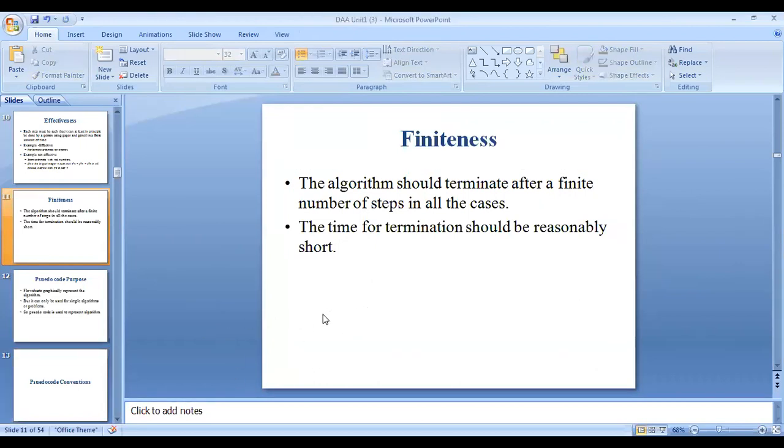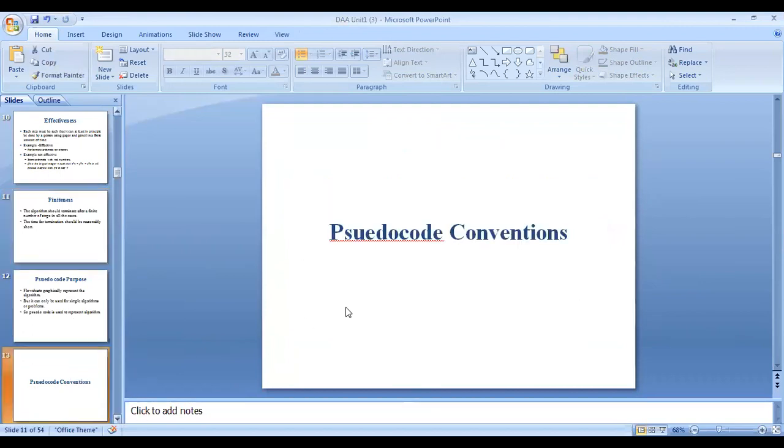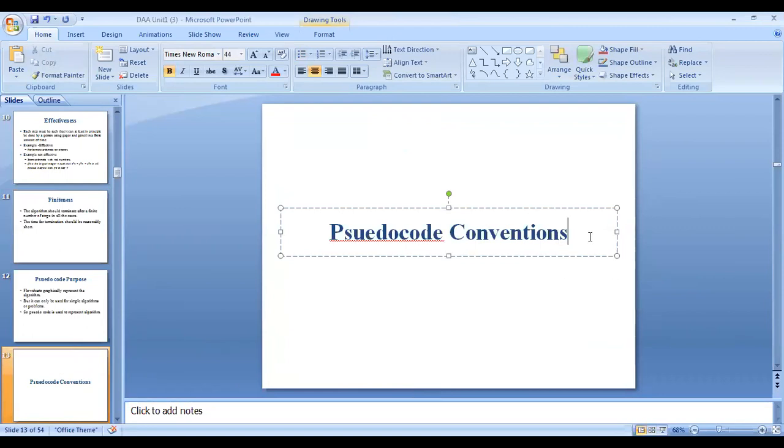For example, see here for algorithm and pseudocode, there is a small difference. For example, C equal to A plus B. This type of code we write, we call it a pseudocode.